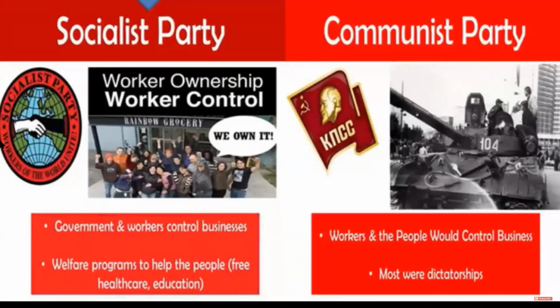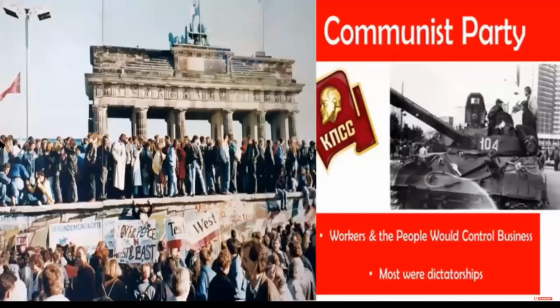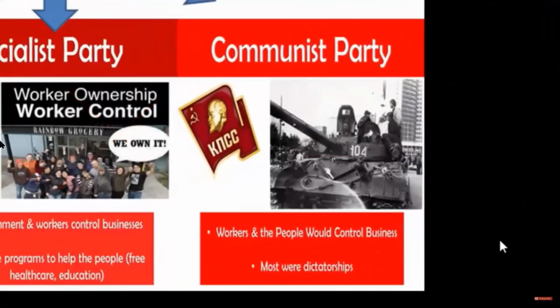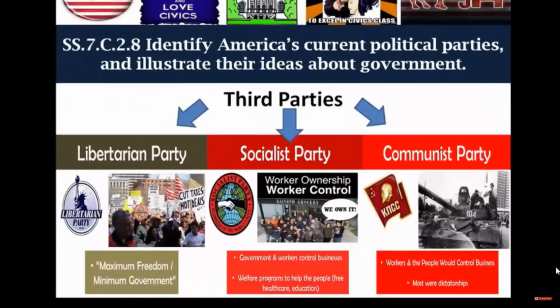Communism isn't around as much after the fall of the Soviet Union, but communists used to call for the outlawing of private property and sharing of everything. They feel that the workers should control all businesses, but communism usually led to dictatorships in which it was the government that controlled all businesses. So those are some of the famous additional third parties that you need to know.